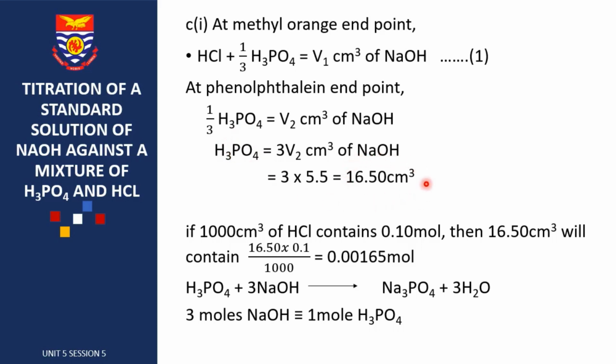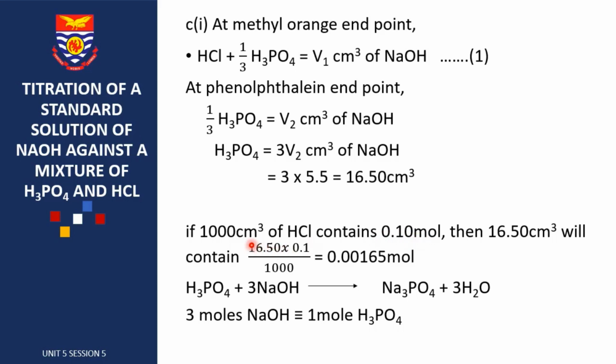So now that we have been able to establish this volume, we can proceed and look at the moles of sodium hydroxide in this, and then we'll continue with the mole ratio. We're given the concentration of sodium hydroxide to be 0.1 molar or mole per dm cubed.